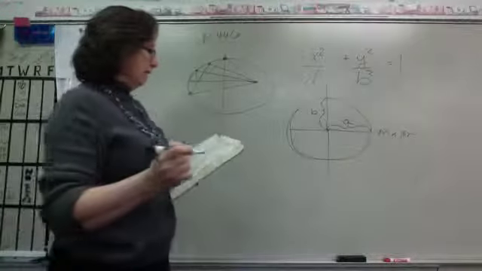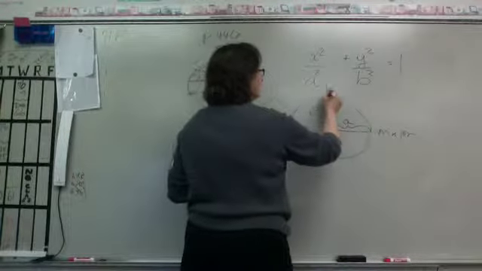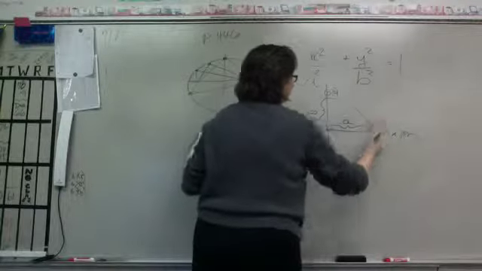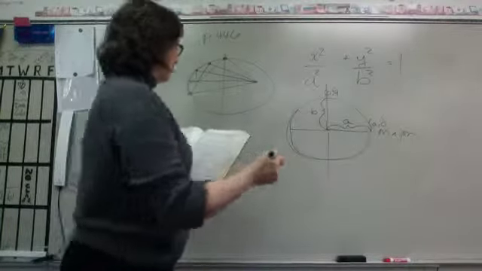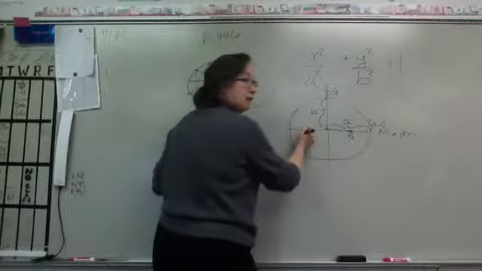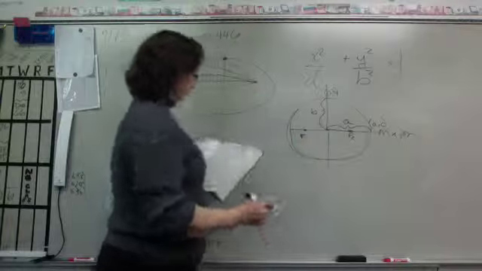So this point right here is (0, b), and this point here is (a, 0). And then we've got these little foci points here, so this is focus 2 and focus 1.